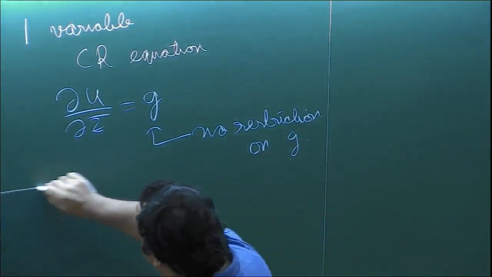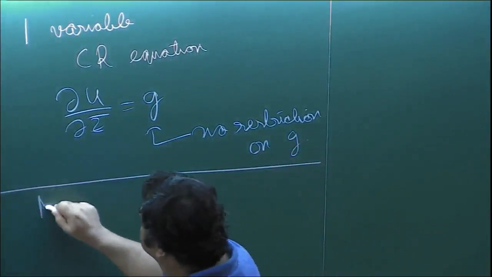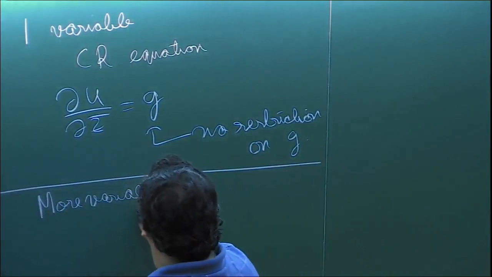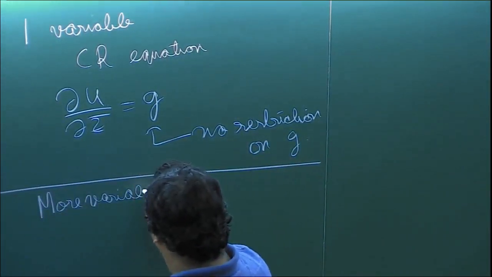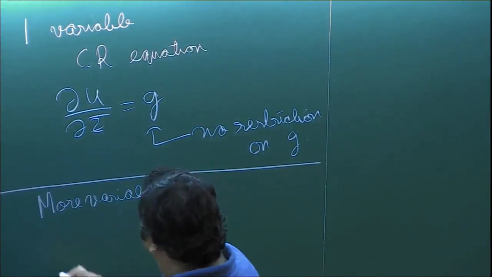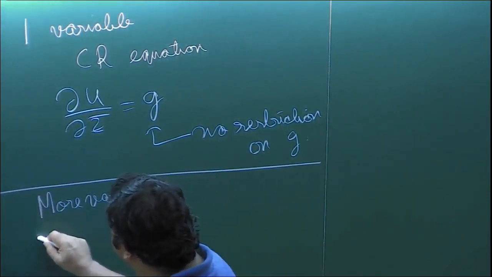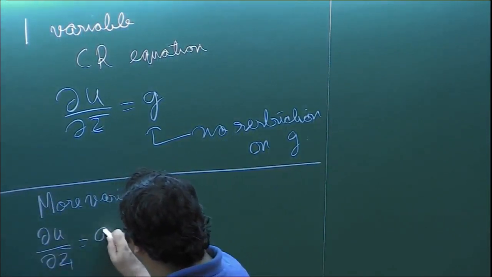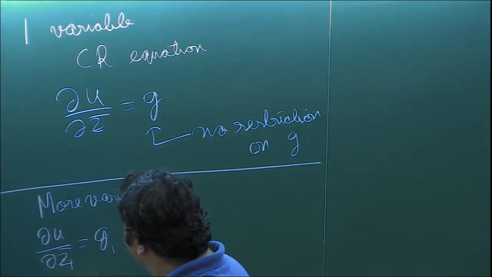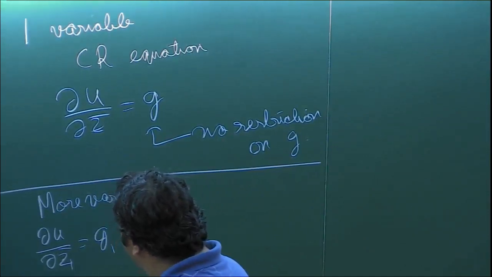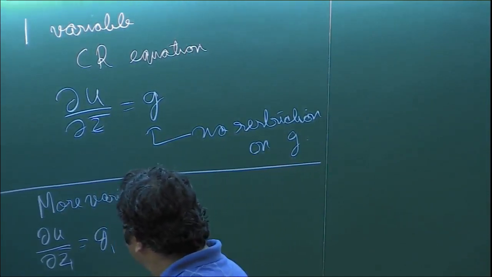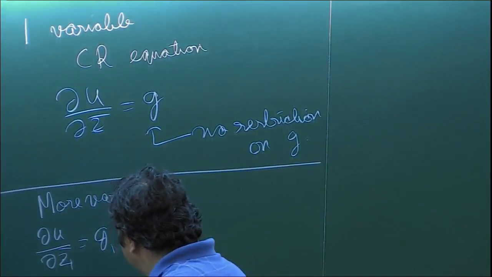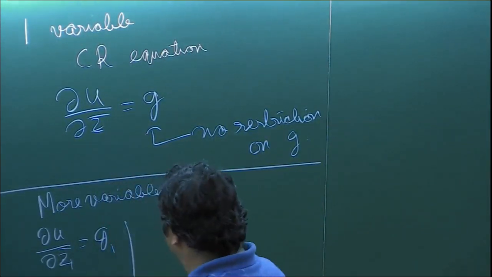What about more variables? It's easy to write down the inhomogeneous version of the equations. So let's look for the equation for functions. We are looking at du over d z1 bar is some function g1, du over d z2 bar is some function g2, and so on, du over d zn bar is some function gn, on omega.